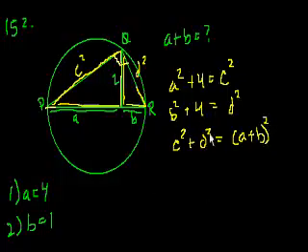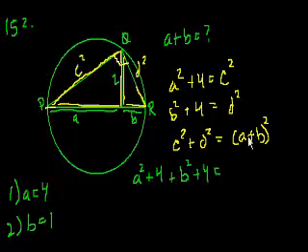Well, we know what c squared and d squared are. We can substitute that. So c squared is a squared plus 4, and d squared is b squared plus 4. And all of that's equal to a plus b squared.